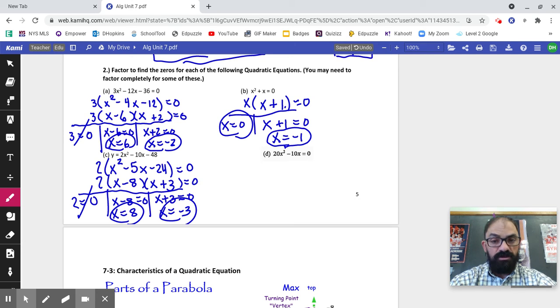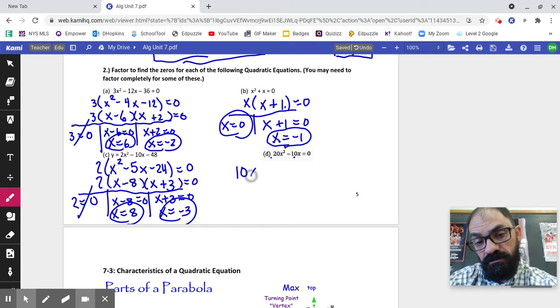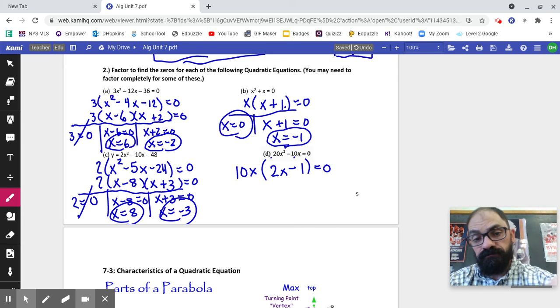And the last one. Again, look for a GCF. 10 goes into both of those numbers, and they both have an x. So again, when I take the whole thing out, 10x divided by 10x, I have a 1 in there.